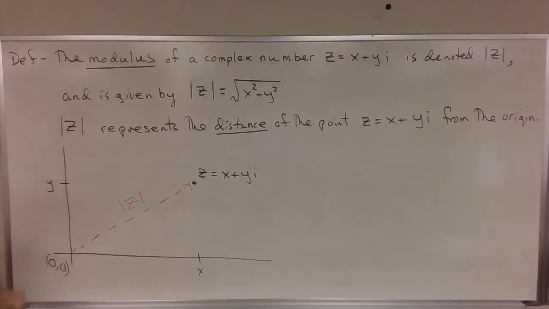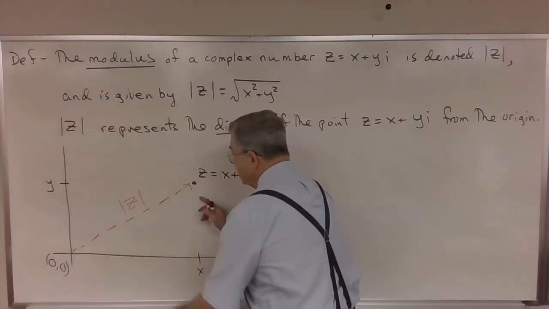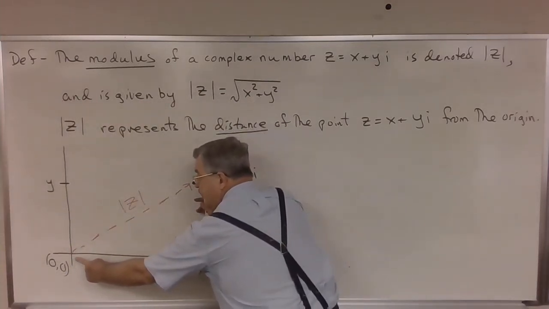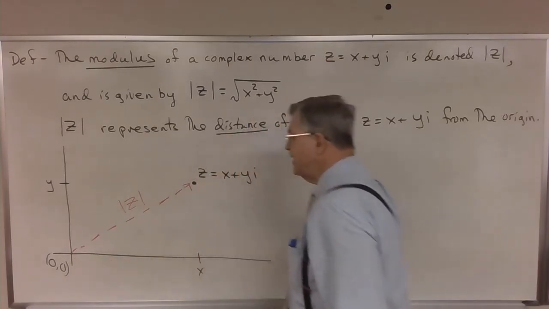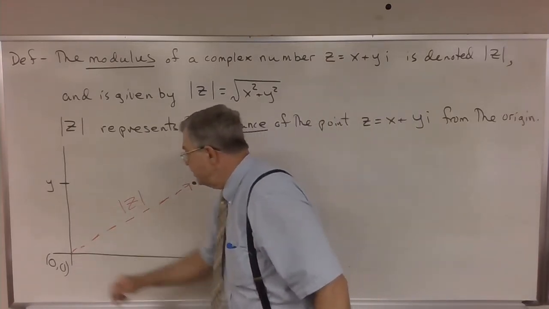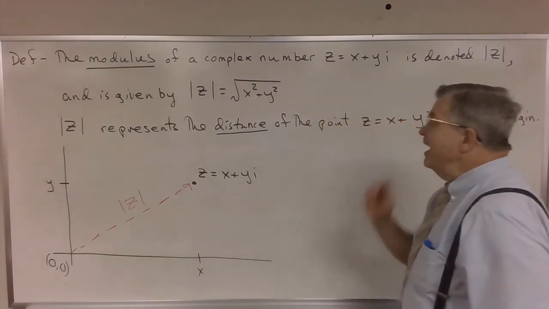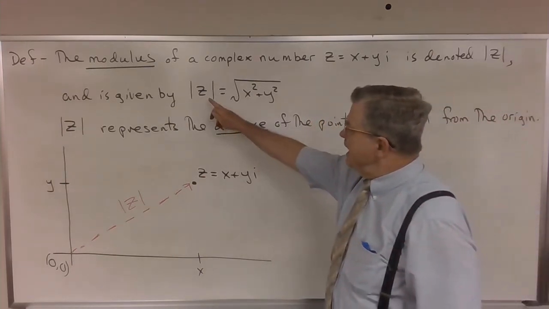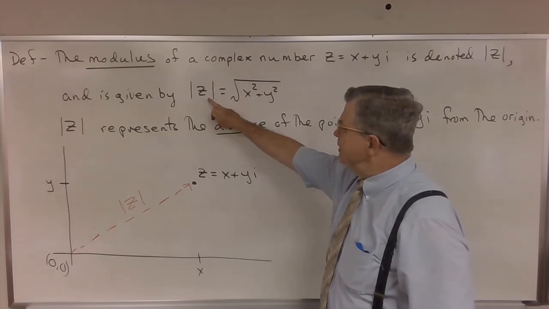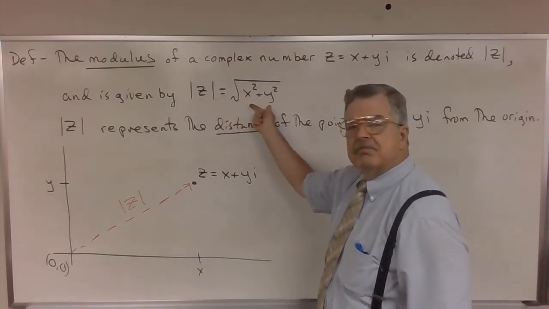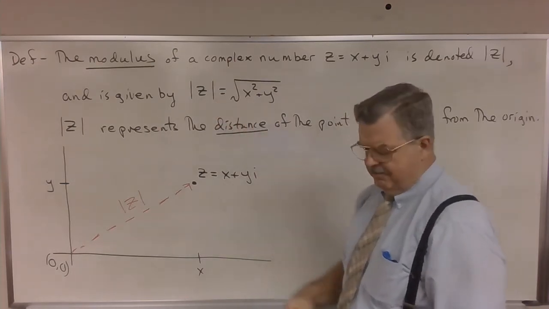Here's the origin, here's the point z, and the modulus of z represents this distance. It's the distance from the origin to the point z. And let's see why it is that the modulus of z equals square root of x squared plus y squared.